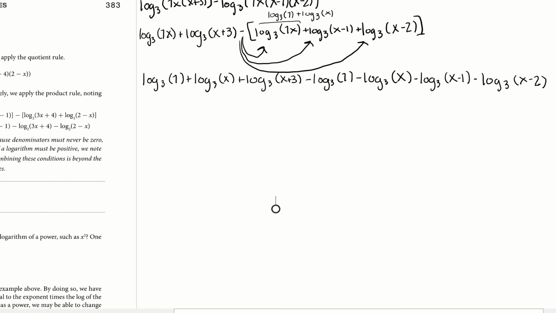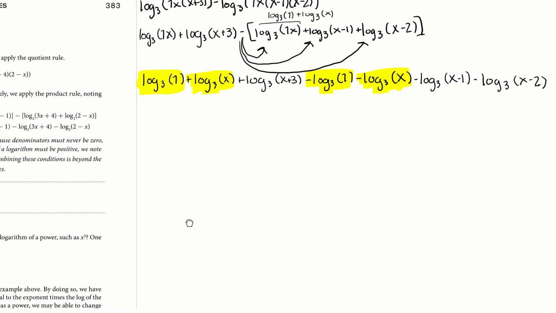So when we rearrange those, notice that we have a positive log base 3 of 7 and a negative log base 3 of 7. We have a positive log base 3 of x and a negative log base 3 of x. So those will cancel, and they'll go away completely.